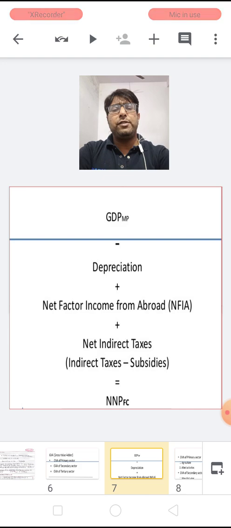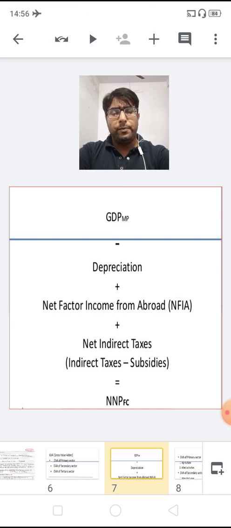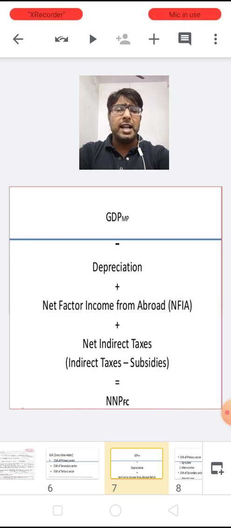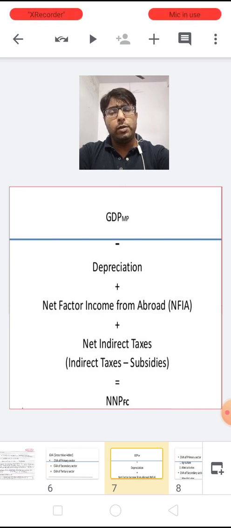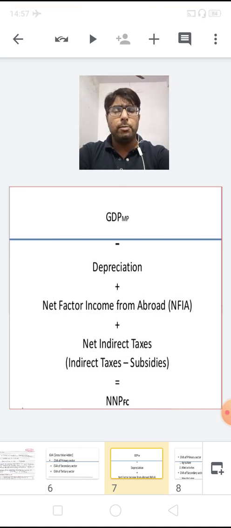So children, once we get the value of GDP-MP, we have to subtract the depreciation, because here I am going to move from GDP-MP to NNP-FC. Now what adjustments do we have to make to reach NNP-FC from GDP-MP? You can see on the slide also.